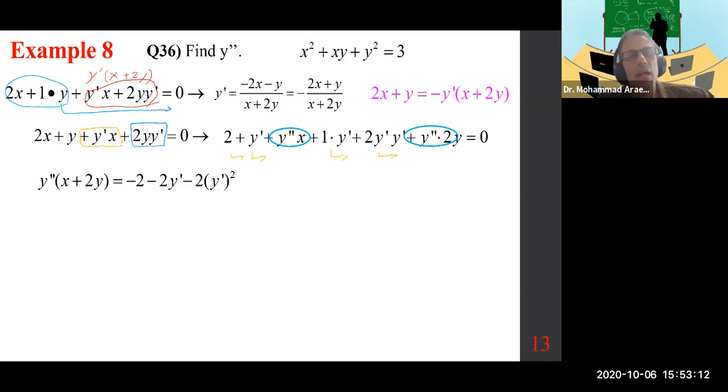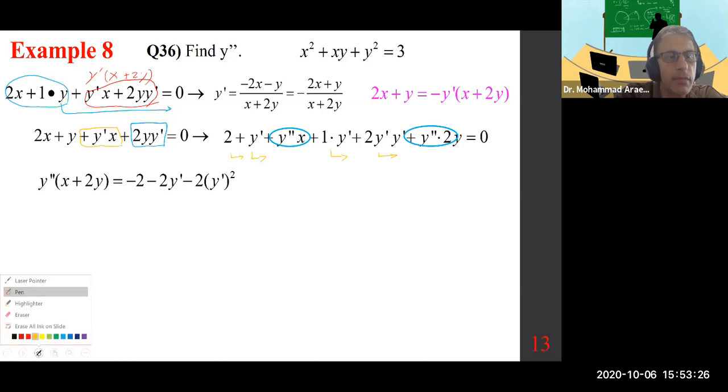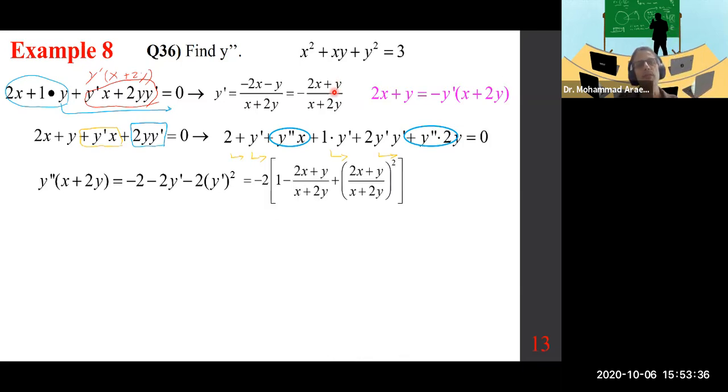So what happens now? y double prime is the right side divided by x plus 2y. And replace the y prime. Let's go with this. Replace the y prime with this one, or this one, and then y prime squared, the same thing squared. So take a look at what happens. On the right side, you can factor out the -2.